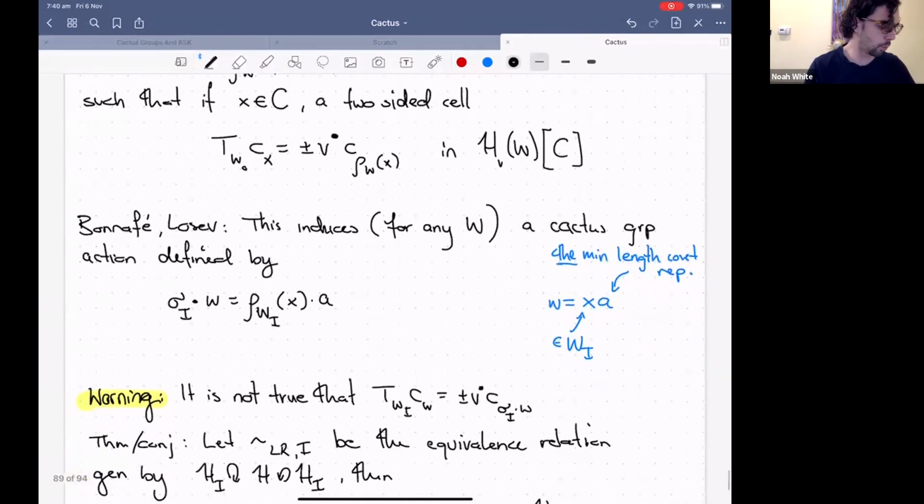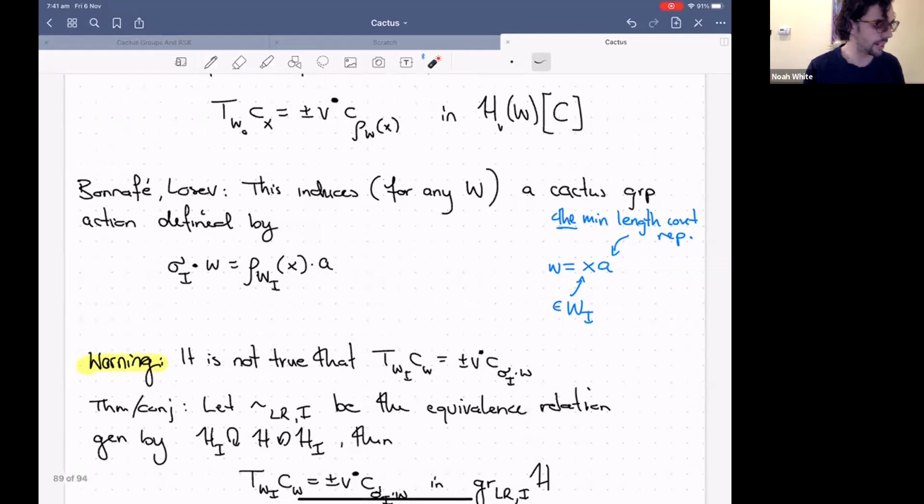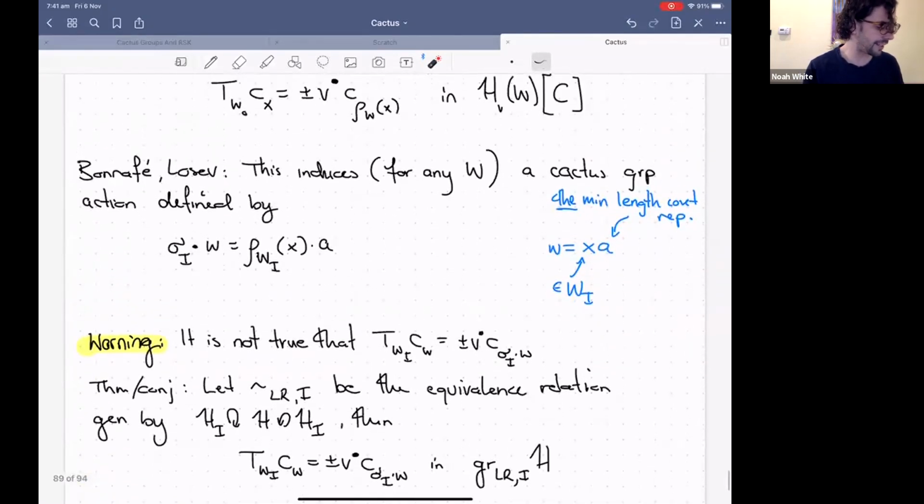Okay, and maybe a little warning is that it's not true. Something tempting to think about is that if you look at this multiplication, where we're multiplying a Kazhdan-Lusztig basis element by the standard basis element for the longest element in the parabolic, it's not true that this just permutes the basis up to signs and powers. That's kind of very far from being true. There is a statement that you can make, and I'll just briefly say it. What one has to do is think about some kind of relative Kazhdan-Lusztig theory.